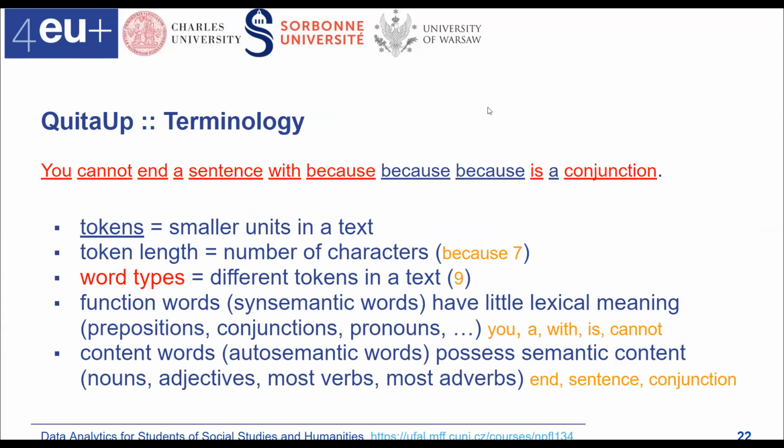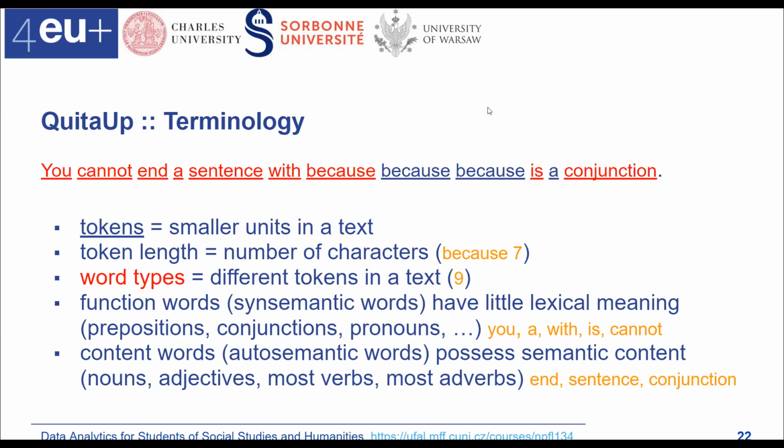Maybe I can just, to understand well what we can measure using Quitup, present you basic terms, which I understand, on the sentence: You cannot end a sentence with because is a conjunction. Right.